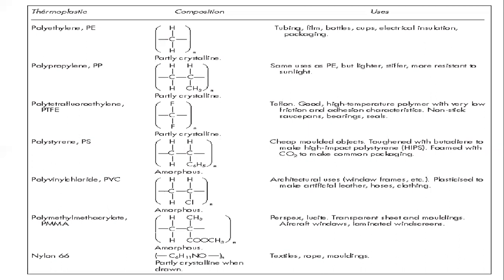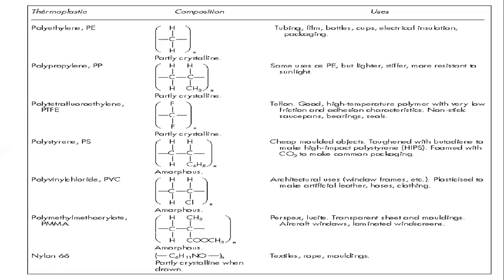Next one is polypropylene. These structures are partly crystalline, and the structure is HCH and HCCH3. The uses of polypropylene are the same as polyethylene.